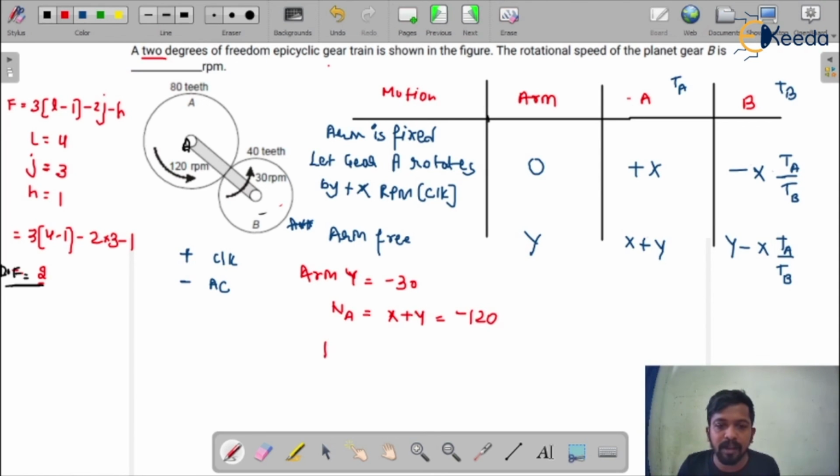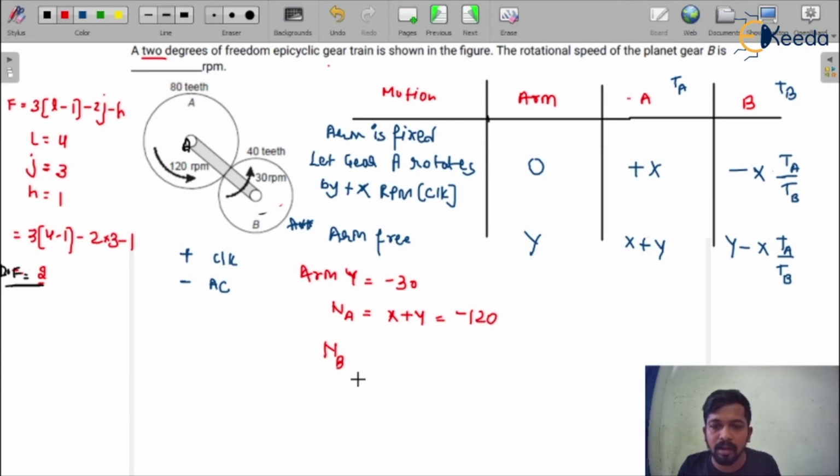Okay, and the speed of the B, we have to find out the speed of the B, and speed of the B means what? y minus x TA upon TB. What is TA and what is TB? Teeth on the gear A and teeth on the gear B, that is 80 upon 40. We have to find out NB.